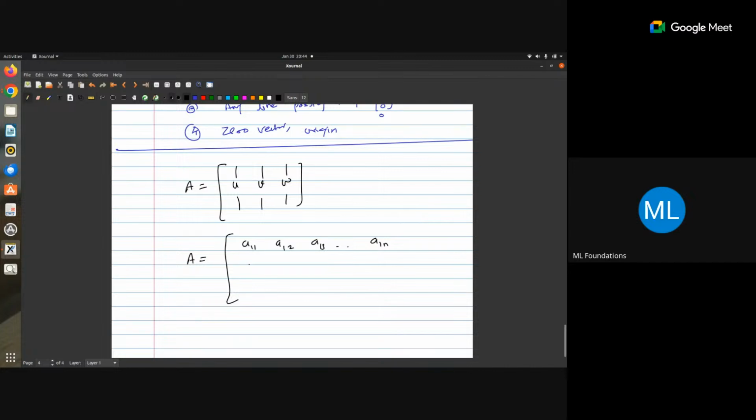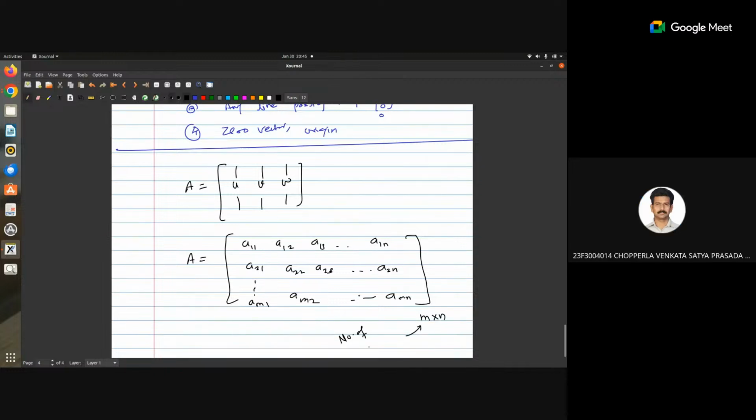Then we have A21, A22, A23, up to A2n, and like that, up to Am1, Am2, up to Amn. And we define the dimensions of this matrix. What is M by N? This is an M cross N matrix, and here M represents the number of rows and N the number of columns, right?